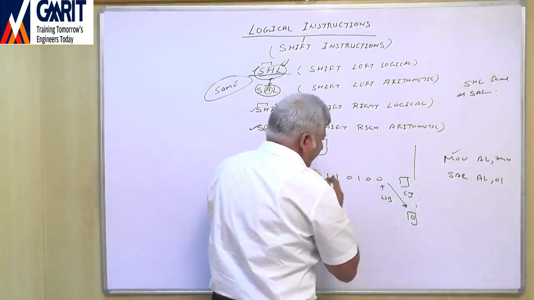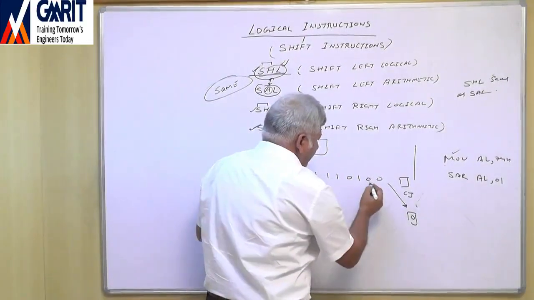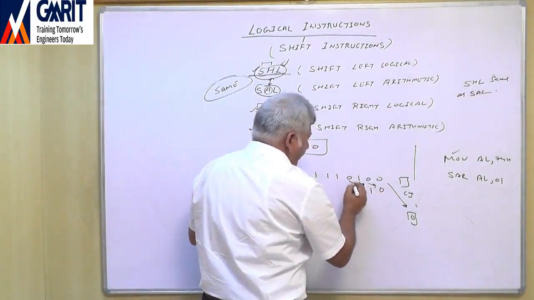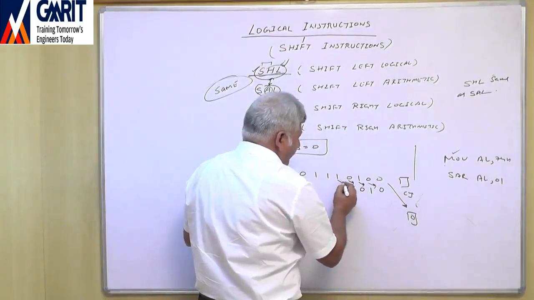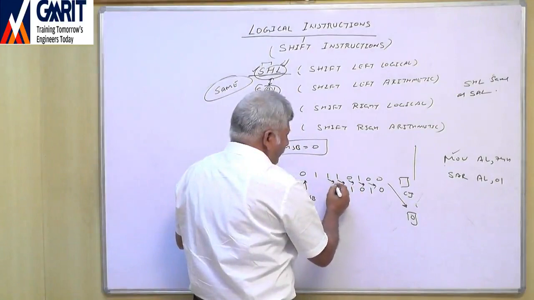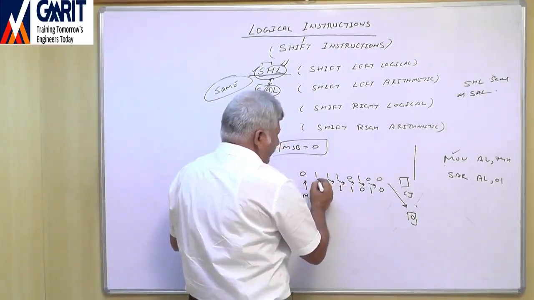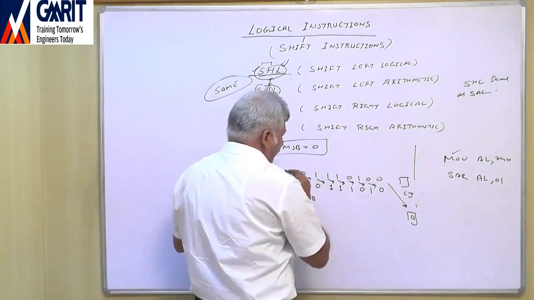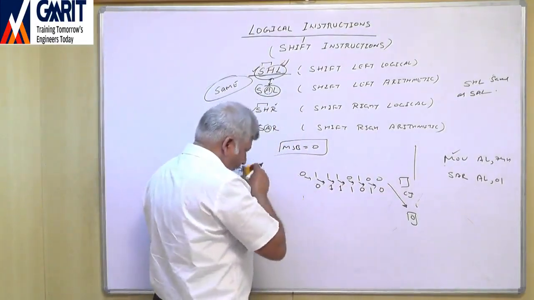When it is shifted right side, this 0 will come at this place, and so on for all the bits.